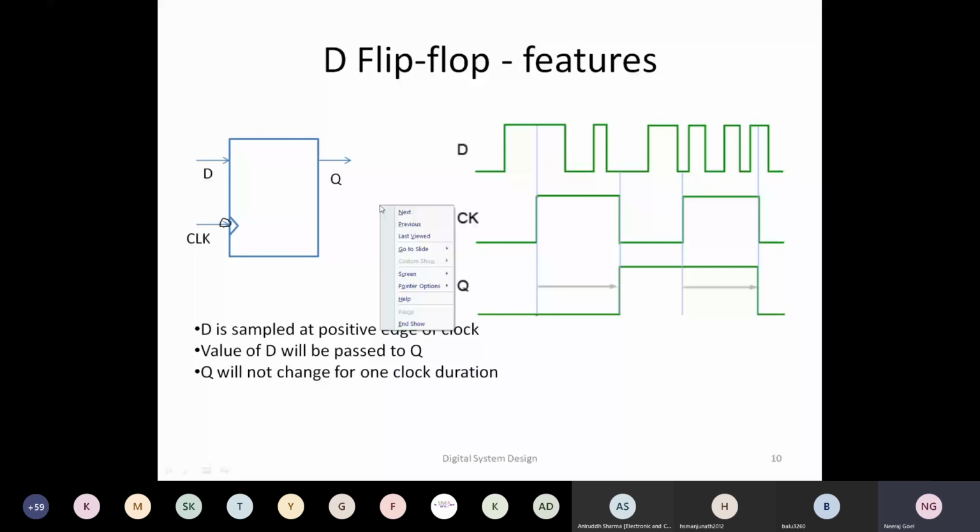So in this case, it's a positive edge triggered D flip-flop. And what does it mean? It means that whenever the clock is positive, so let's say here the clock was positive, at that time whatever was the value of D, that would be captured here.